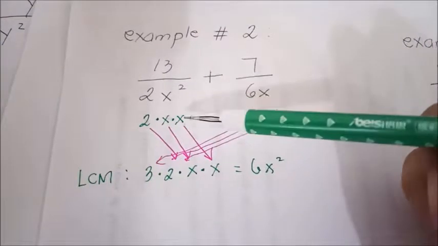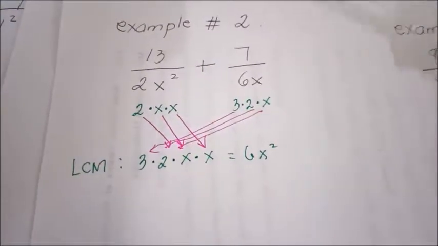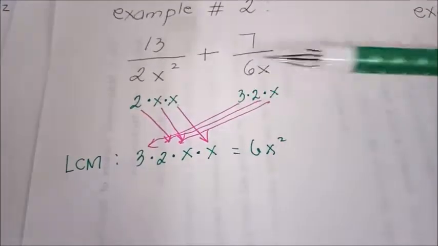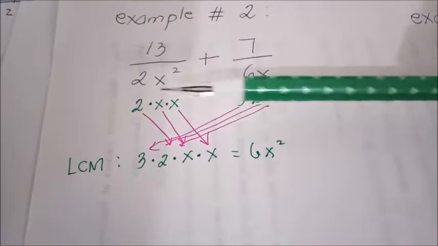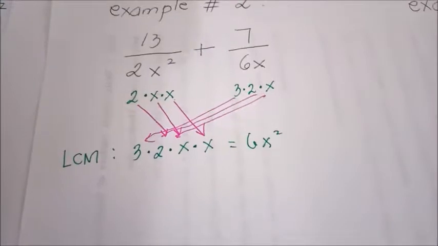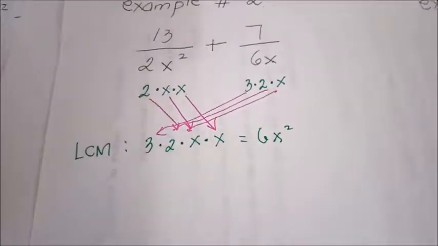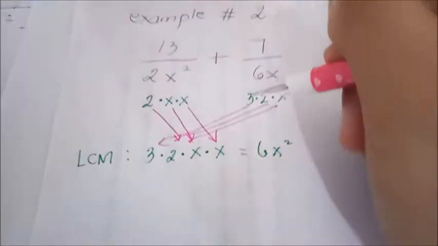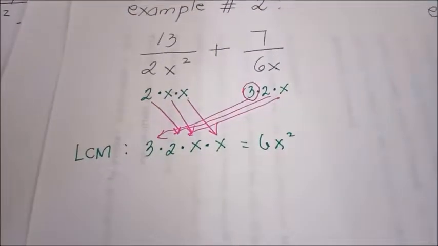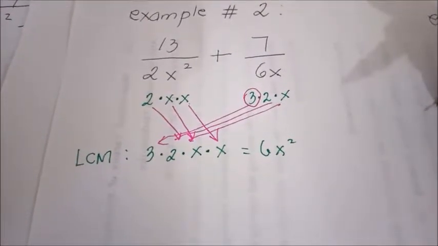Okay, o yan. O ganito na. So, itong shortcut natin, again, anong factors ng 3 times 2 times x ang wala dito? Siyempre, kung ang sagot ninyo ay 3, tama ka. 'Di ba?